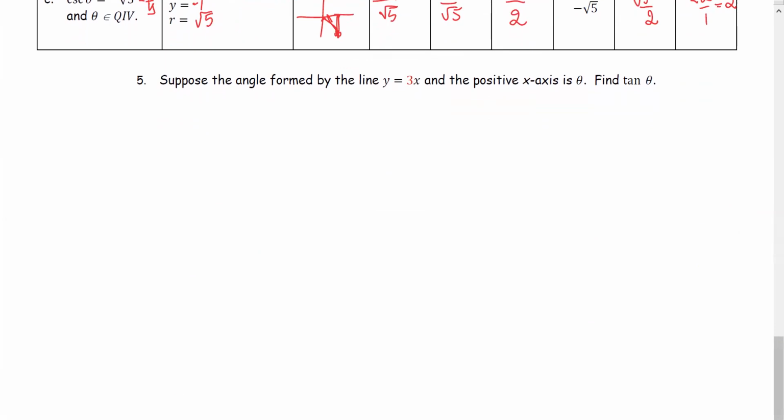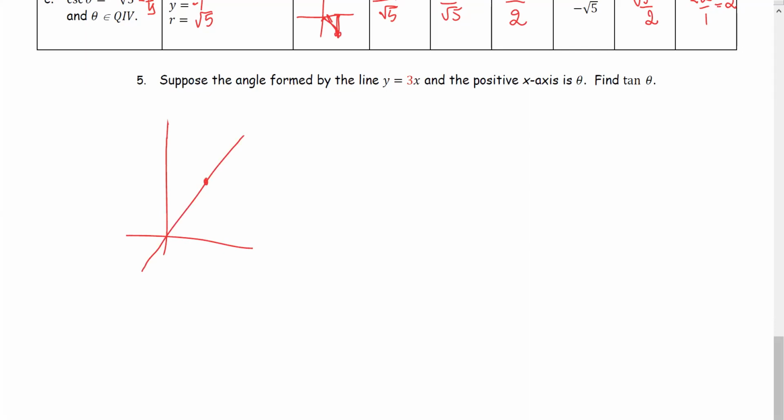The last example. Suppose the angle formed by the line y equals 3x and the positive x-axis is theta. Find tangent theta. If we draw the diagram, the line y equals 3x is the line with slope 3.